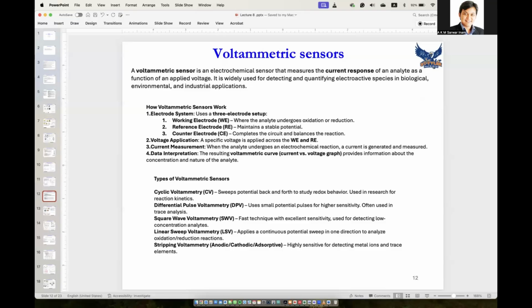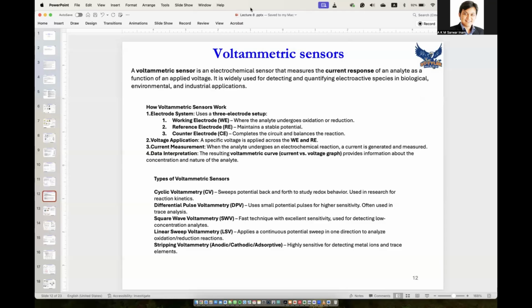To measure this. And cyclic voltammetry has advantages over the others. It is a very quick and straightforward technique. It provides qualitative and quantitative redox data, and it can analyze reaction kinetics and mechanism.